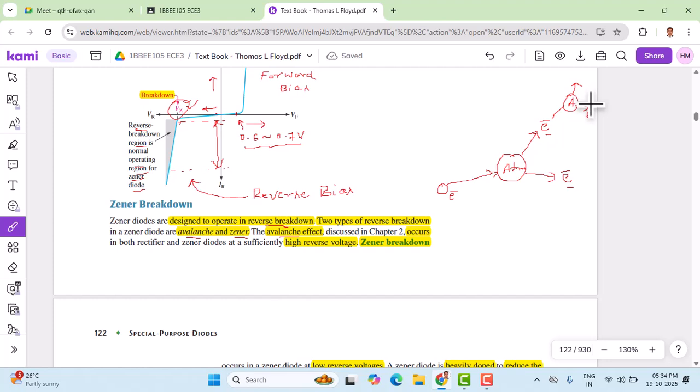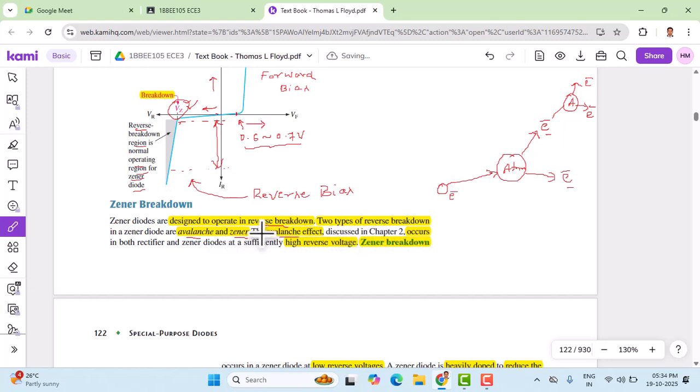In this process, more and more electrons get released by a single electron hitting the atom. It releases two electrons, and these two may release another four. In this way, the number of electrons in the avalanche mode keeps increasing. That causes the breakdown, which is called avalanche breakdown.